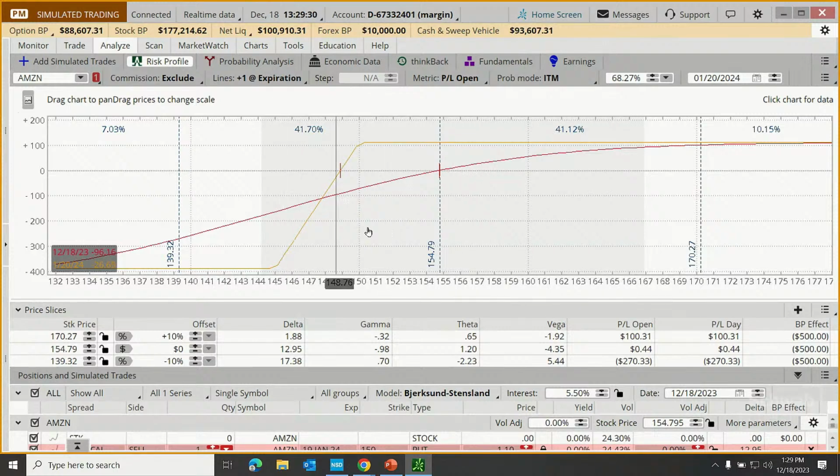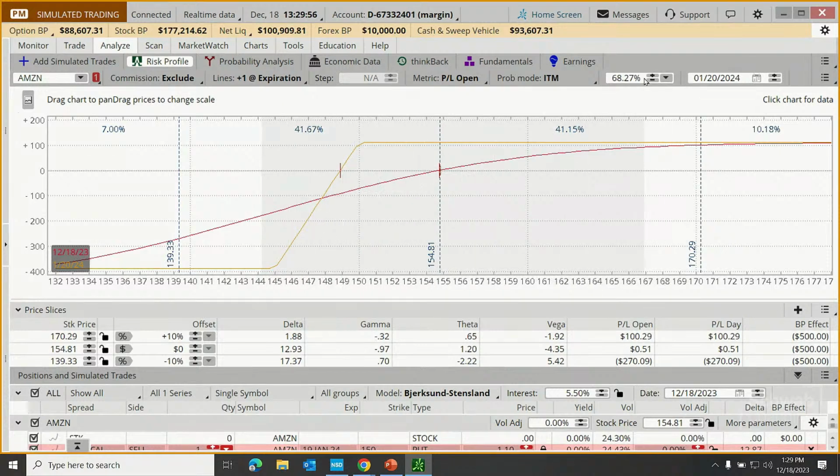Well, addressing the gray first, the gray relates to this number up in this box, 68.27. How many of you can think back on your college math classes and you know the implications of that number, 68.27? That's actually one standard deviation. This gray field is just showing us starting from the current price of the stock and going up or down one standard deviation.